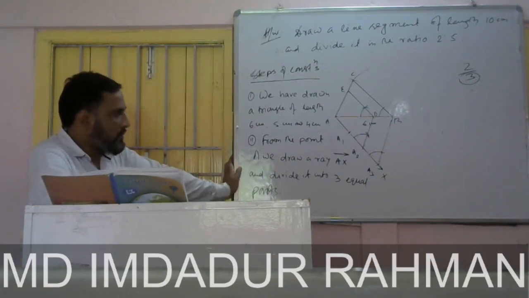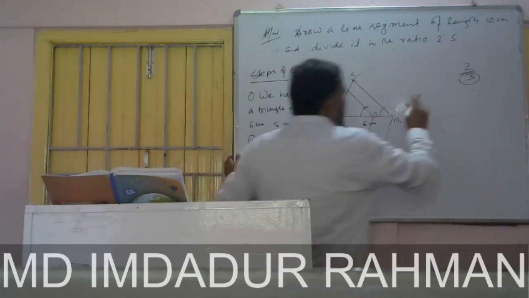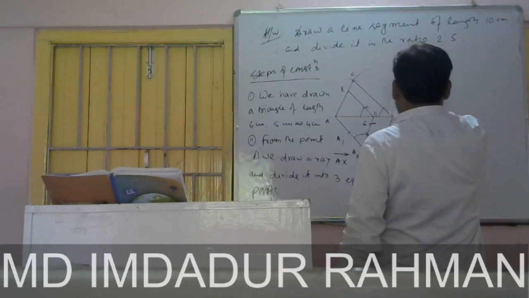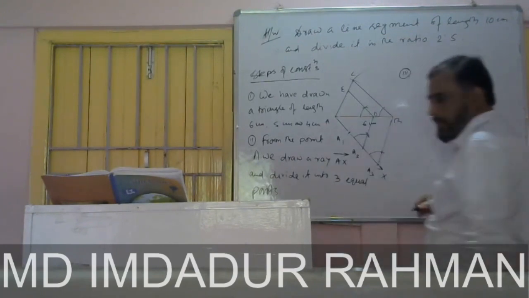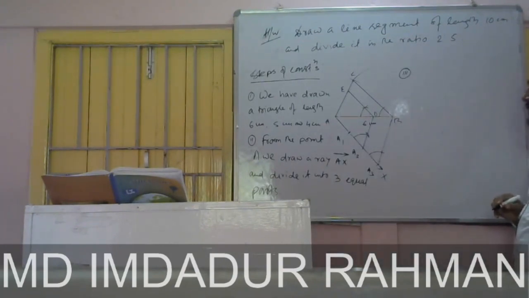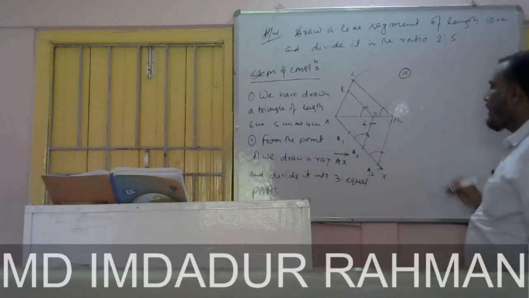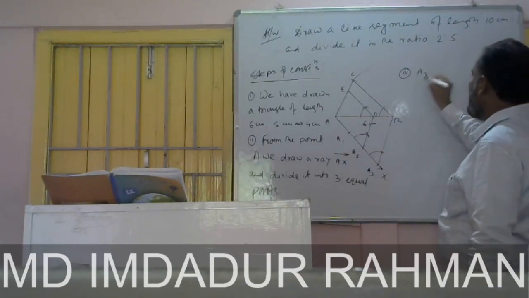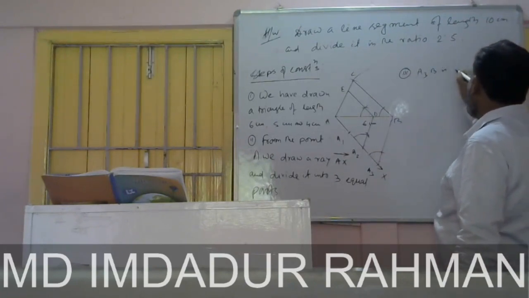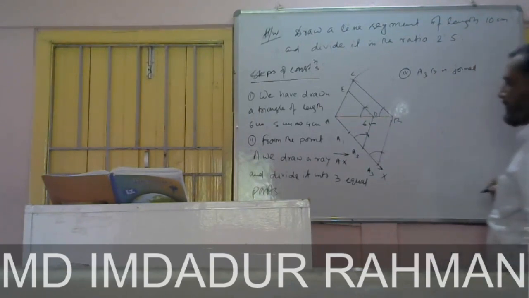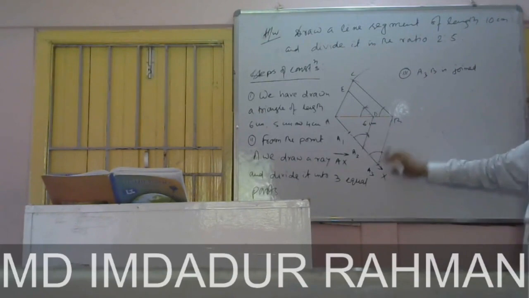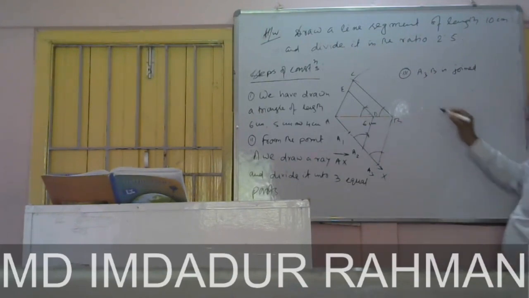These 2 steps. Third step, then what we have done? A3B is joined. From here we have joined A3B.